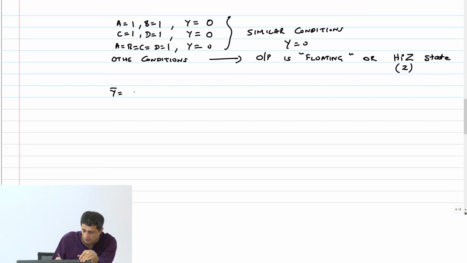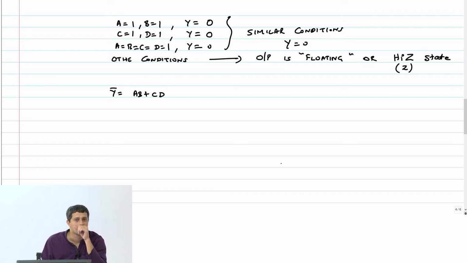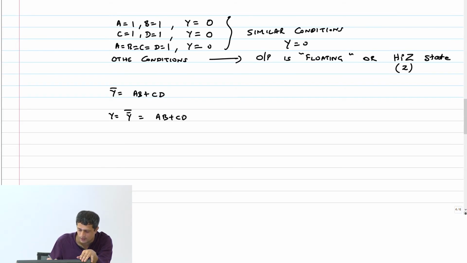Y bar equal to AB plus CD. Right? So if I now complement this, the output that was supposed to go 0 will go high. So now I will write Y equal to Y bar whole bar, which is basically our original function. I'll tell you how to do this in a simpler way in a minute. I'm just showing you formally what has to be done.